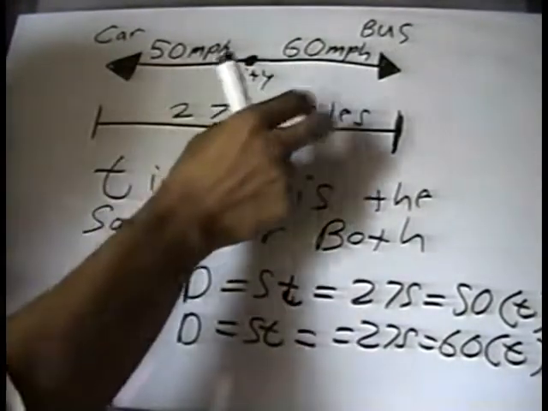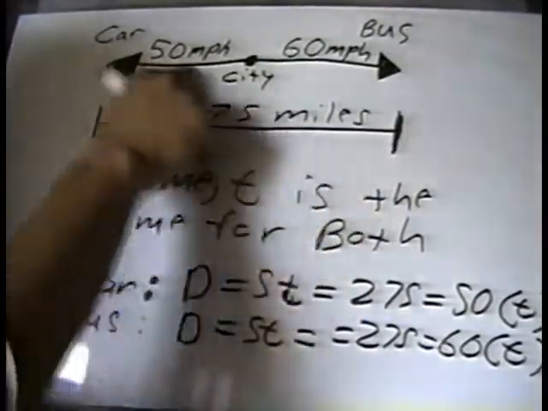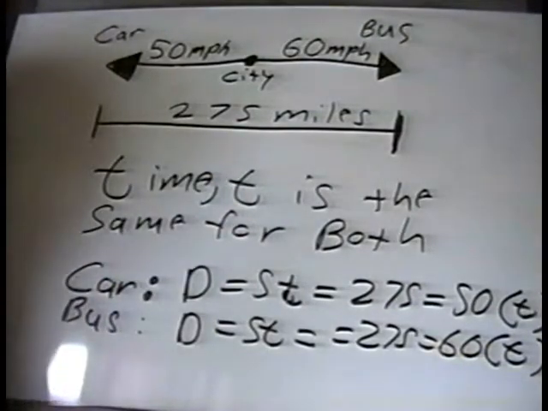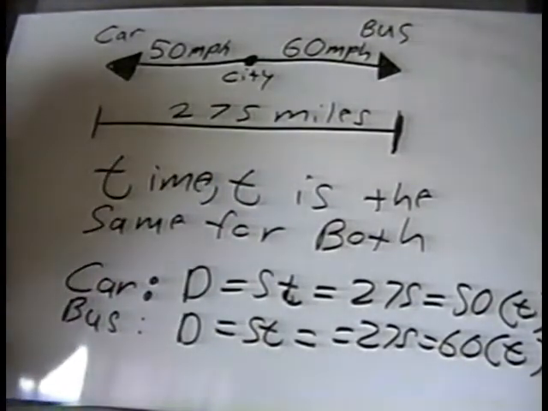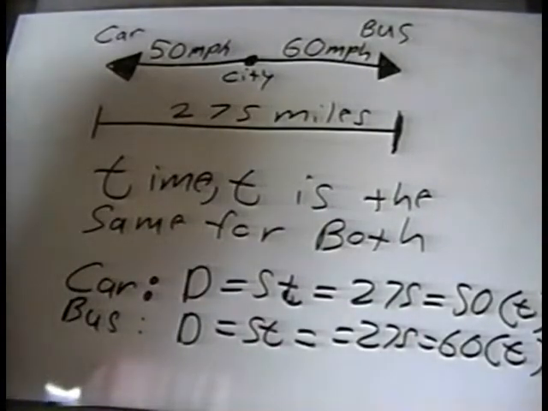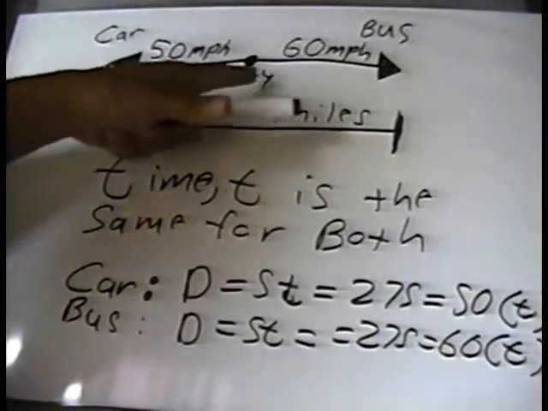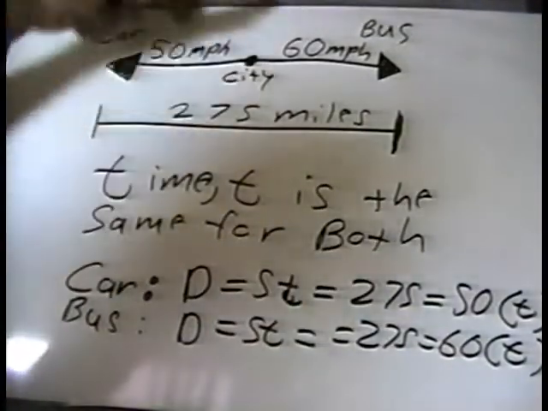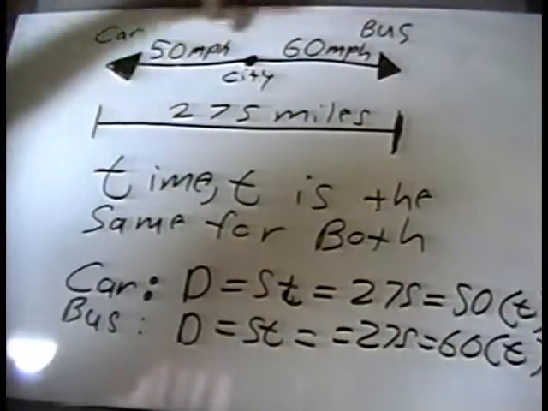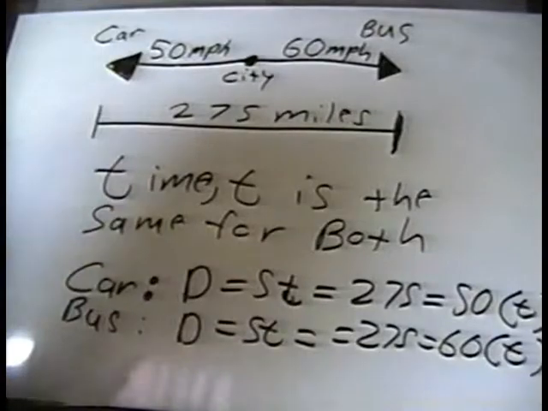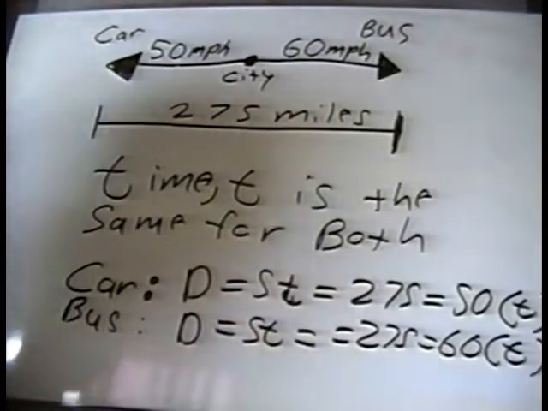But we do know D. We do know that the distance is the same for both motions, for the complete motion, I mean. Because of course the bus, if it's traveling at 60 miles per hour in the same amount of time that the car is traveling at 50 miles per hour, we know the bus is going to cover more of this distance than the car is. Okay?